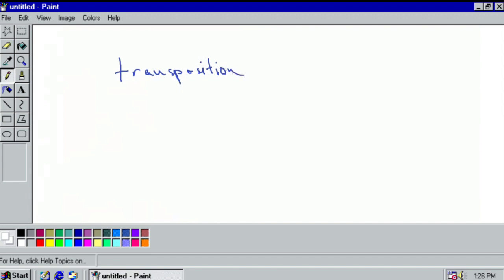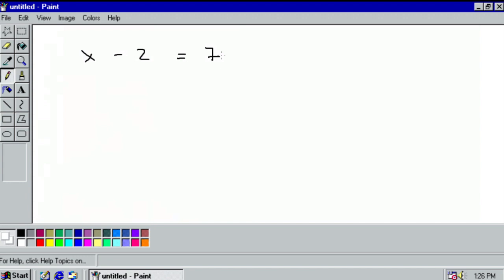If we use transposition to solve the preceding equation for y, we transpose the 2x to the right hand side where it becomes negative 2x, like what we have on the board earlier. So easy as that.